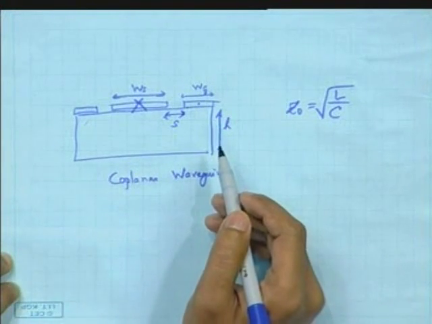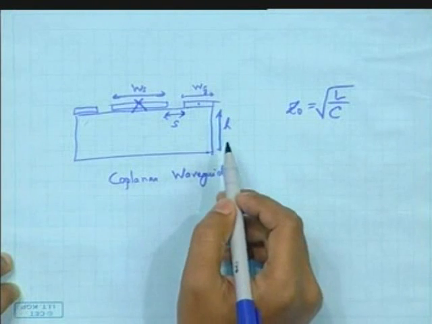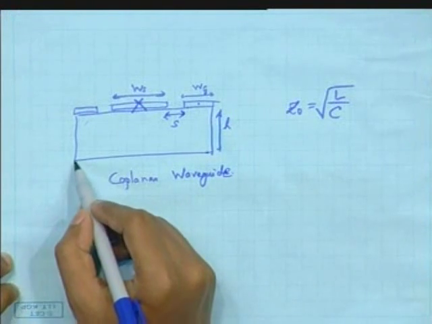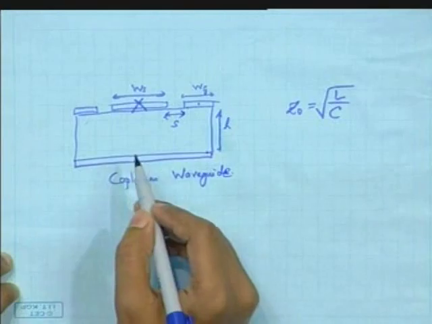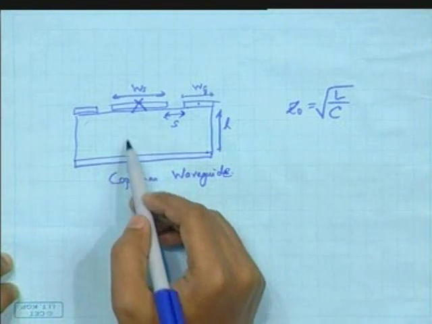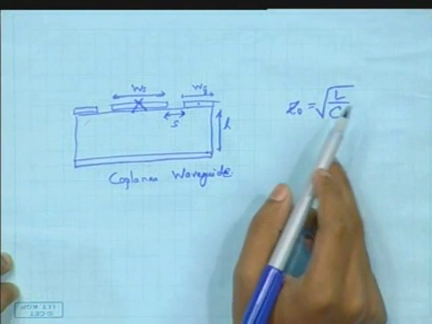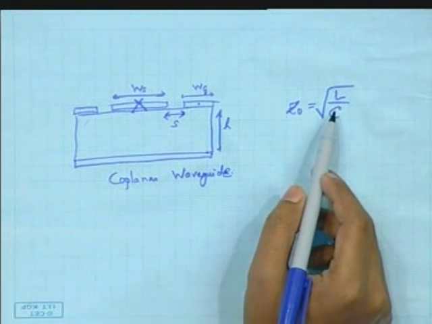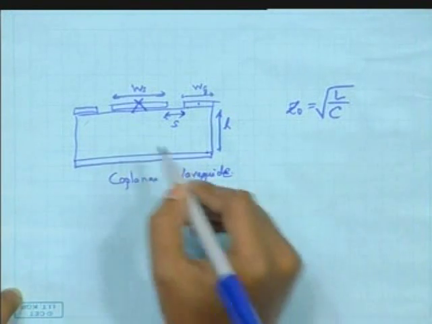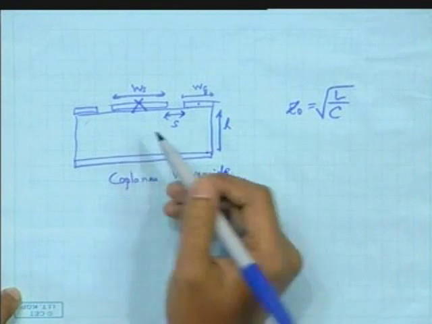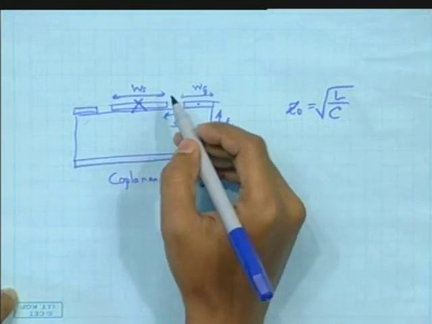Another method, you can add additional degree of freedom to the characteristic impedance by just connecting a ground line below. That will enable you to add additional capacitance to the line and hence also change the characteristic impedance by much. But the problem with this structure is that, see, what will be the electric field lines here?